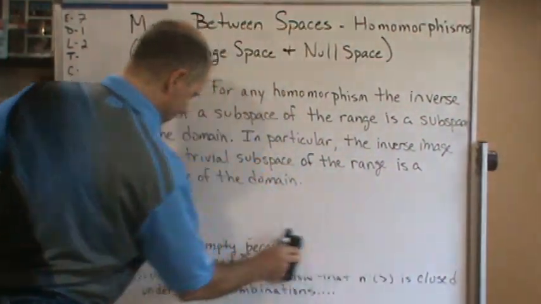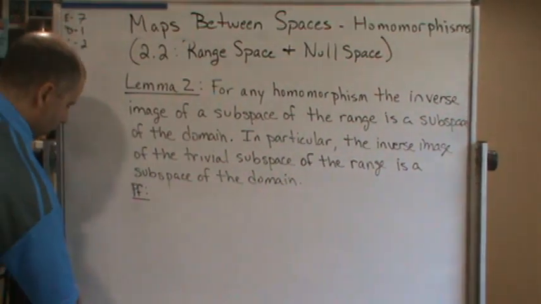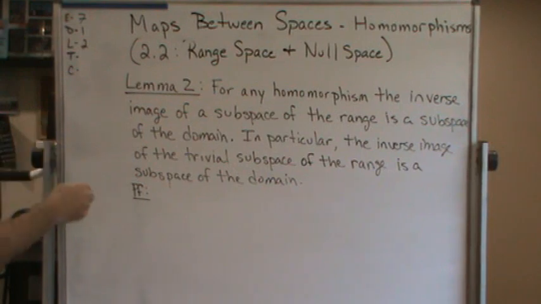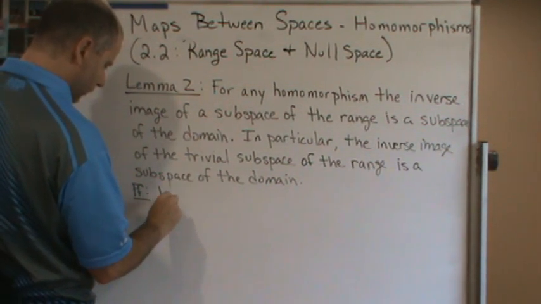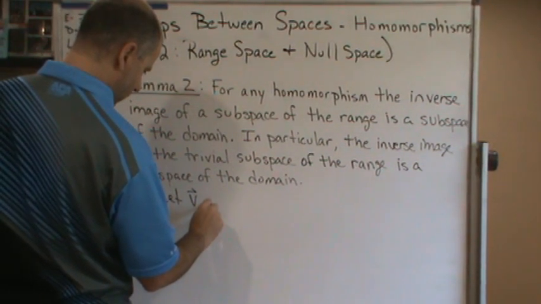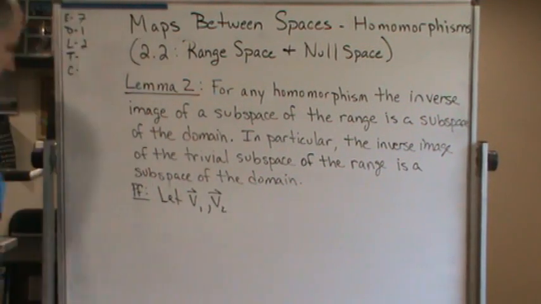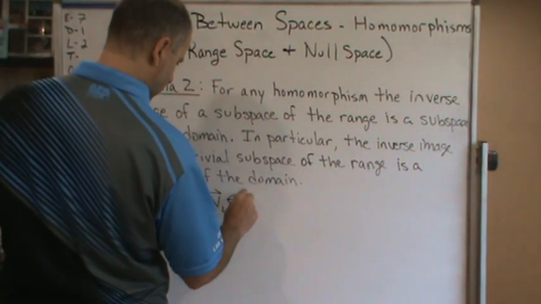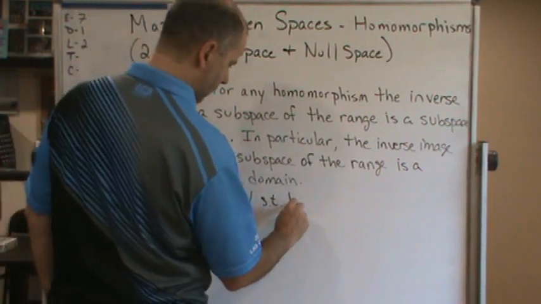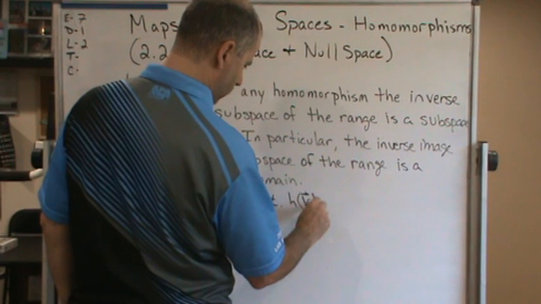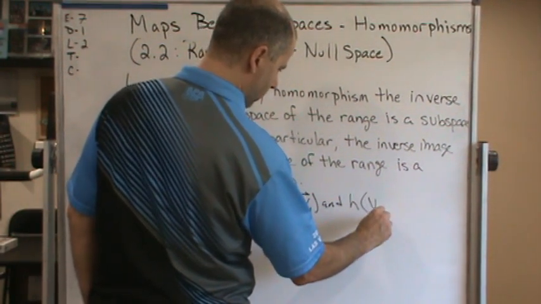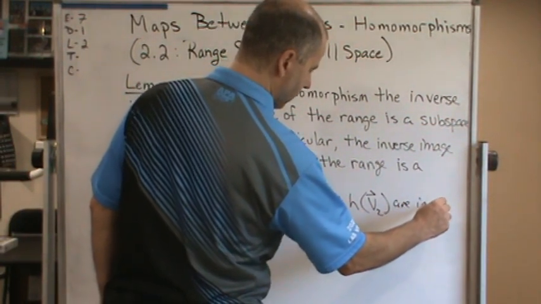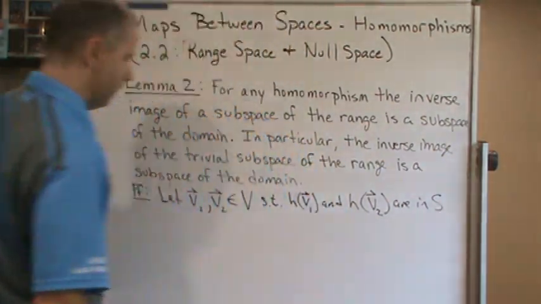All we have to do is take two vectors in V, right, such that they map to S. So let V1 and V2 be two elements in V such that H of V1 and H of V2 are in S. Okay, so we start with that.